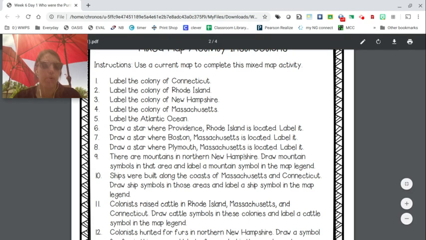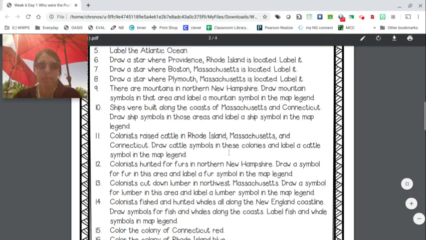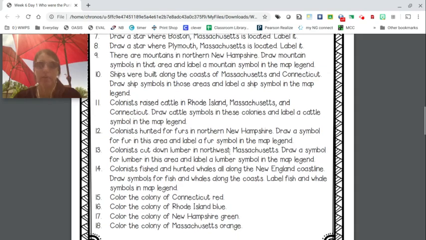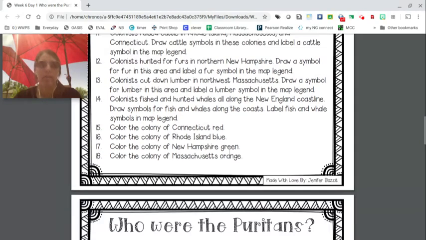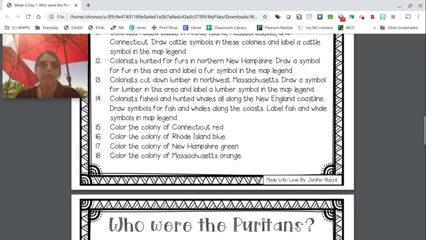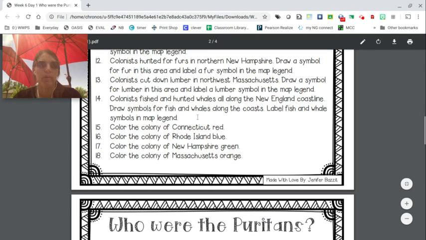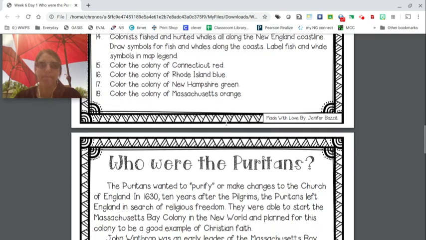All of these are going to be important destinations, important places in our studies as we learn about the colonies. So there's further instructions about what to do and how to label that map correctly. So just follow all those directions and you should be good.